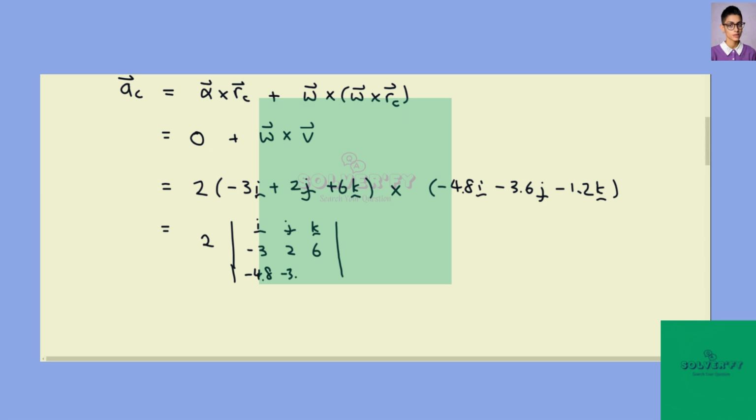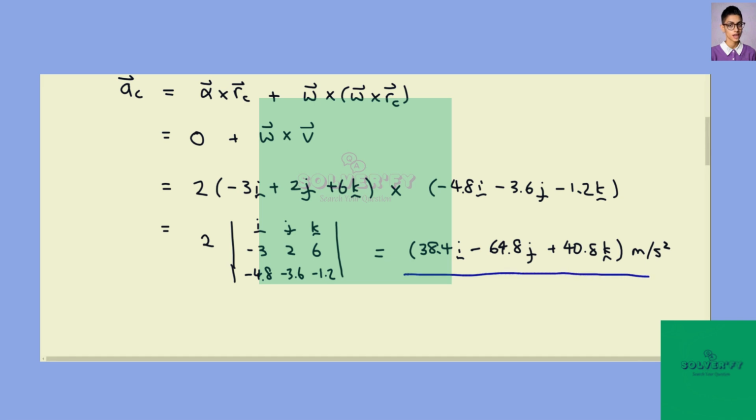If you do your calculation, you get 38.4i minus 64.8j plus 40.8k meters per second squared. This is the acceleration vector at point C. Just to recap, this is VC and this is AC.